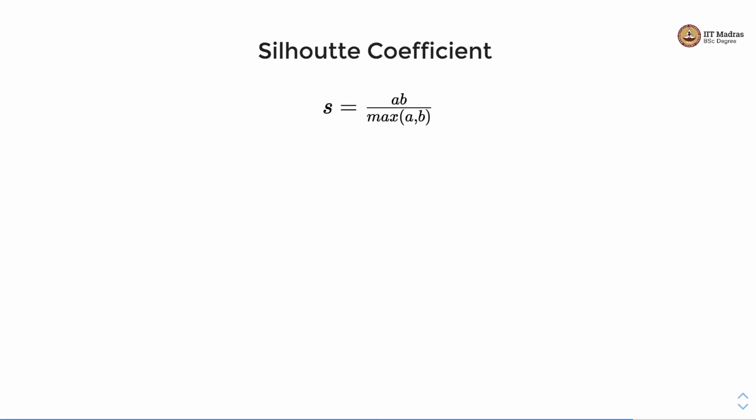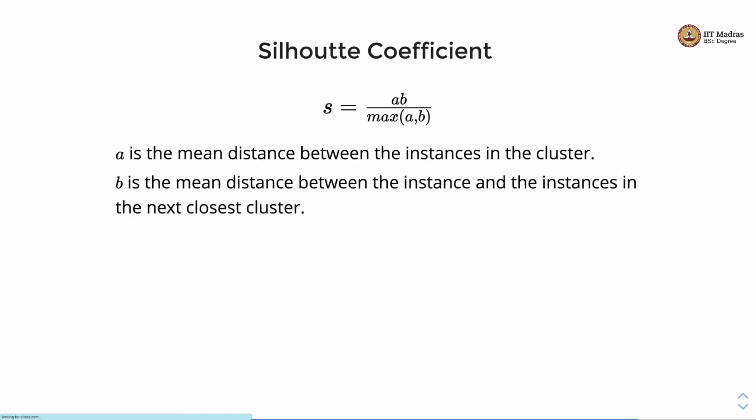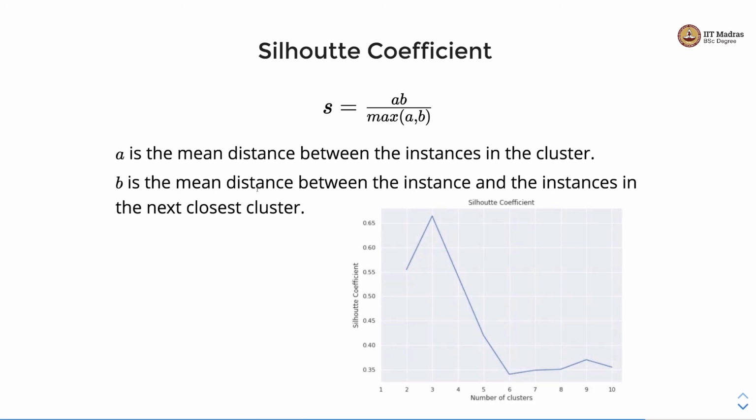The second method is the Silhouette method, where we calculate the Silhouette coefficient for each cluster, where a is the mean distance between the instances in the cluster and b is the mean distance between the instance and the instances in the next closest cluster. The Silhouette coefficient is calculated as (b - a) divided by max(a, b). Again, we try different values of k and calculate the Silhouette coefficient for each.